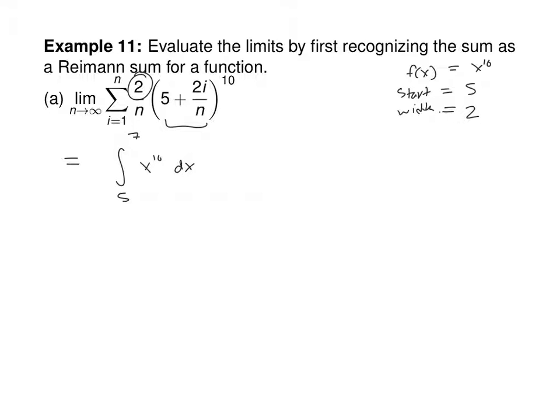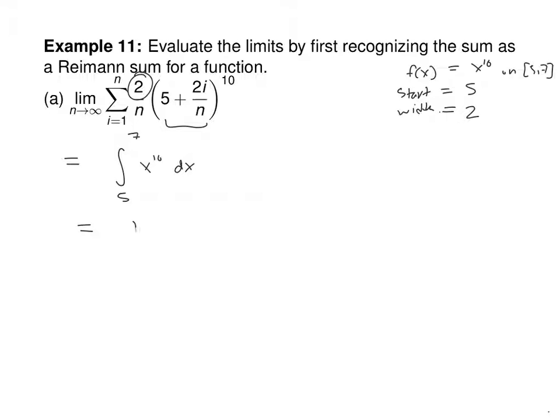Does that ring a bell? On the 5.1 homework and quiz, I had you find the function, and you said on the interval from 5 to 7, right? So now, since you know that this is an area under that curve from 5 to 7, and you can use the shortcuts, I want you to actually find the area.